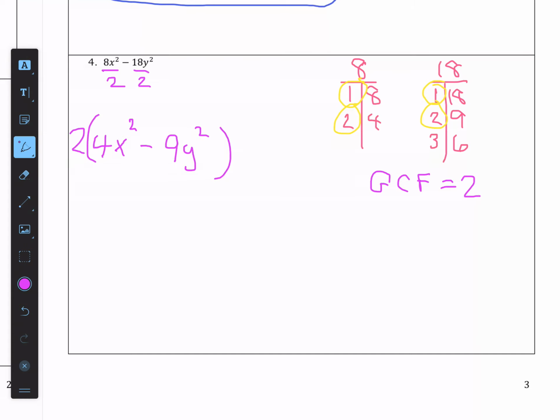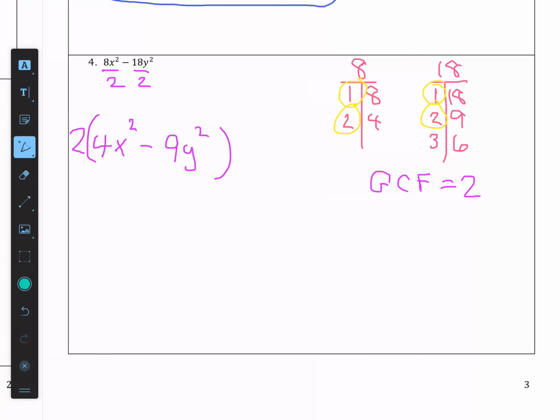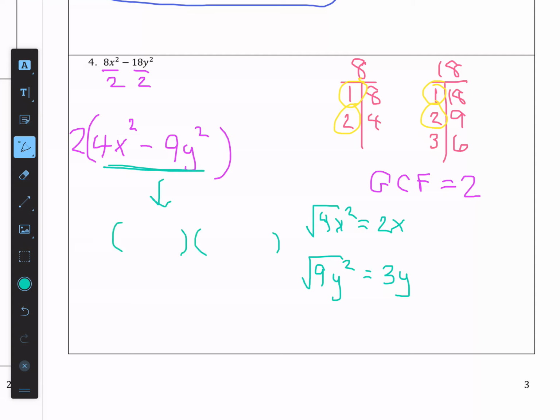And now this is the point when you sit back and ask yourself, can I keep going? If you look at it carefully, it's a difference because it's subtraction. Now the square root of 4x squared is 2x. And the square root of 9y squared is 3y. So for this part here, I'm going to go down and do our double bubble.